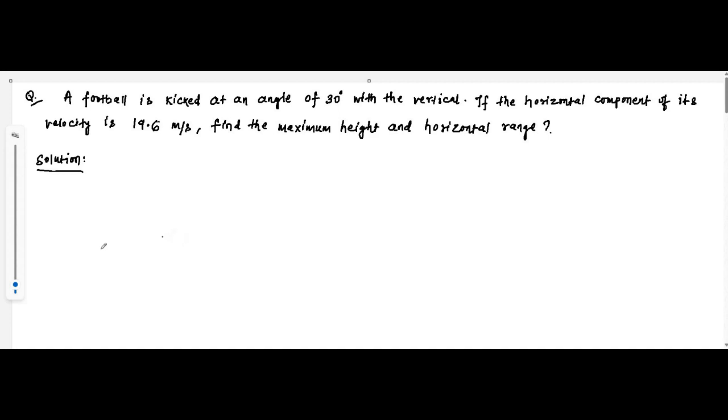So here we have a football which is kicked at a certain initial velocity, making an angle of, this is the vertical axis, let's say this is the horizontal axis. It makes an angle of 30 degree with the vertical axis.